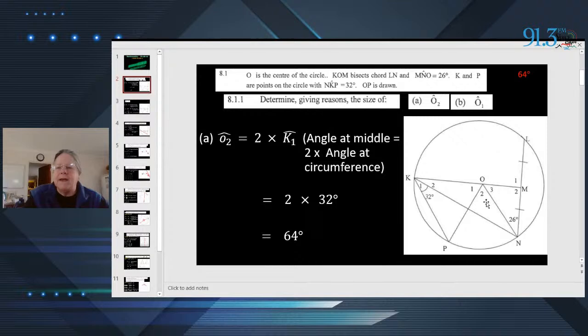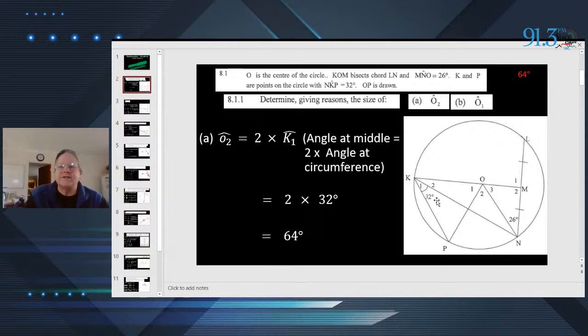Then they tell us MNO is 26. K and P are points on the circle, and NKP is 32. Now, what I find you guys do is you start everywhere except where the question is pointing to. They give you that angle MNO is 26 and that NKP is 32. That means you've got to start with either of those two angles.